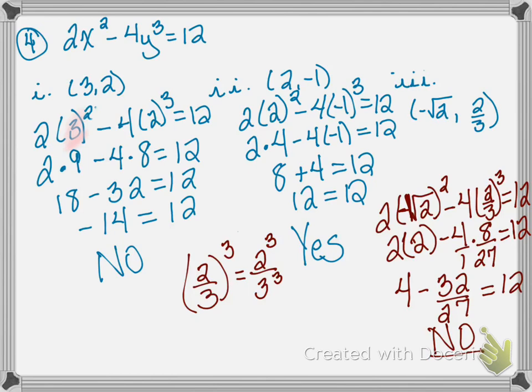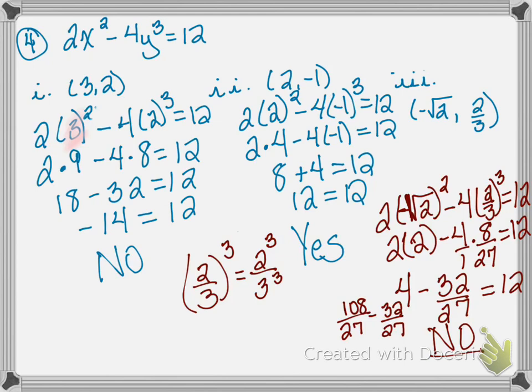Now you could do 27 times 4, which is 108. So we could have 108 over 27 minus 32 over 27. And we would get 76 over 27, and that doesn't equal 12. So it's pretty safe to say that negative square root of 2, 2/3 is not on this graph either.